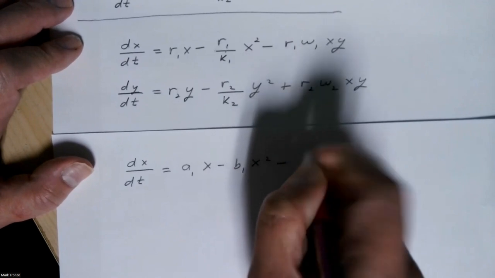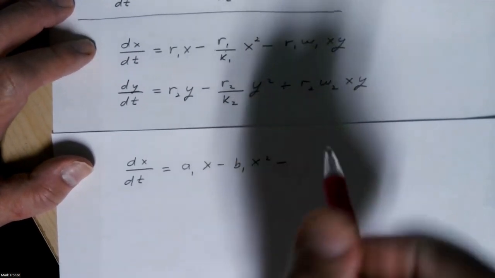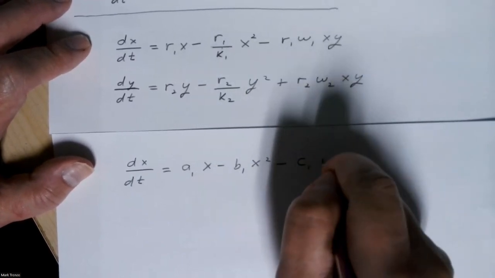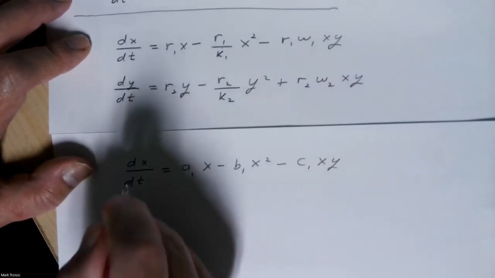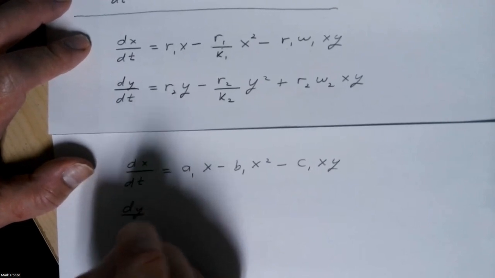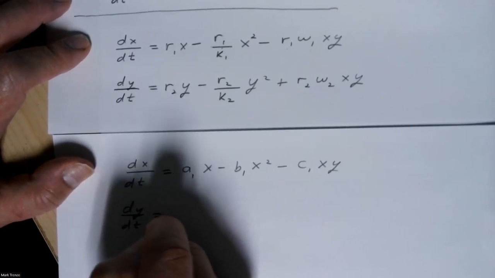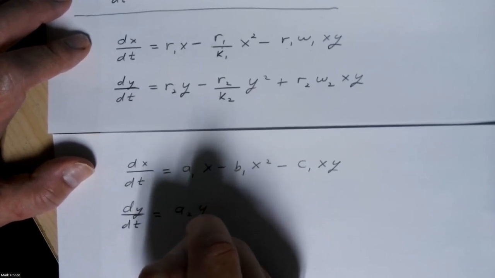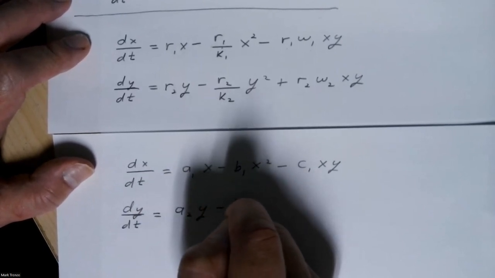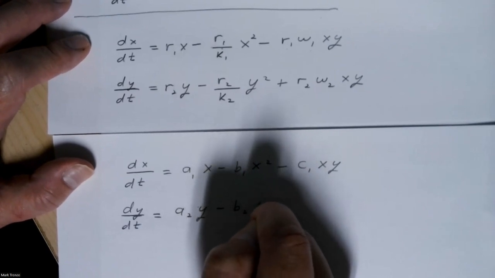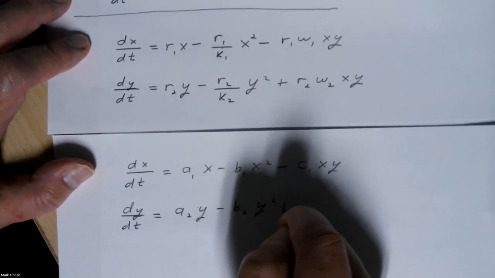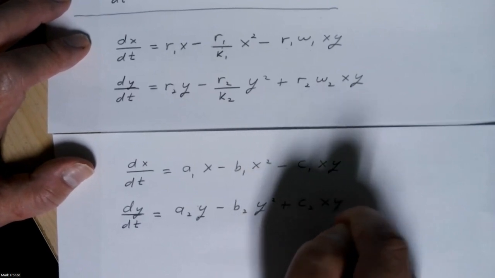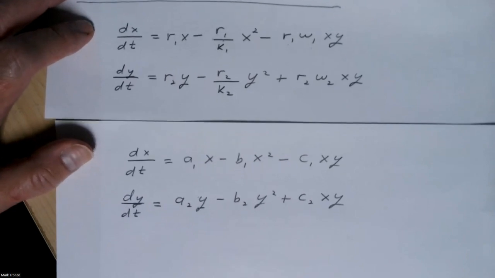And now let's call R1 times W1, let's call that C1 xy. And then dy dt is going to be A2y minus B2 y squared plus C2 xy, like this.